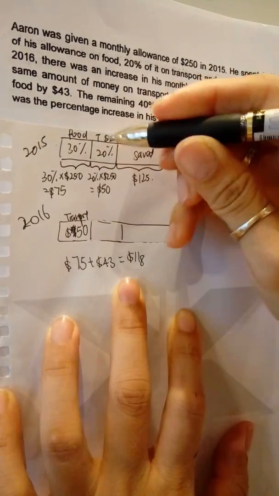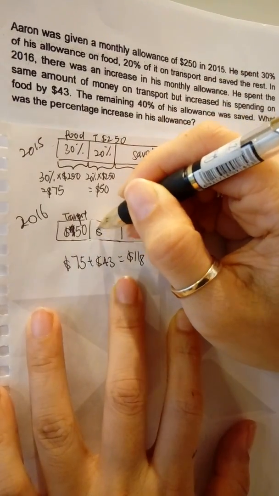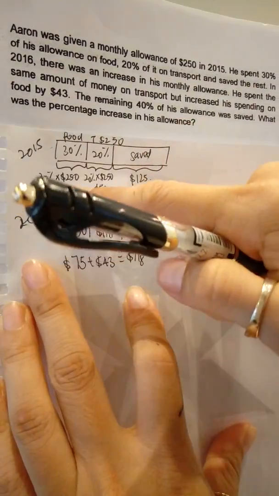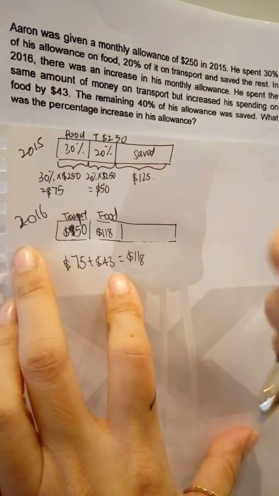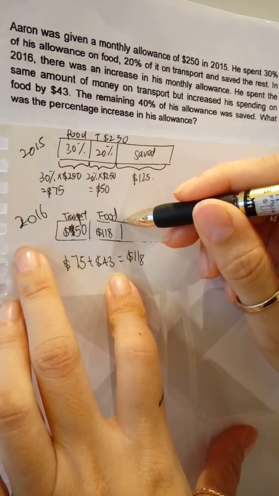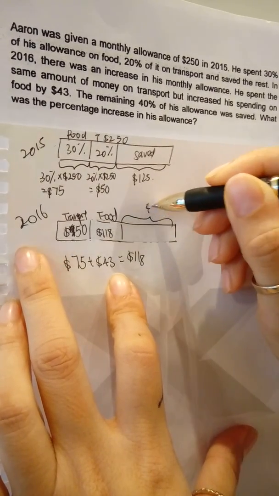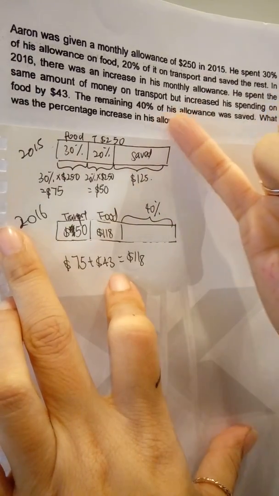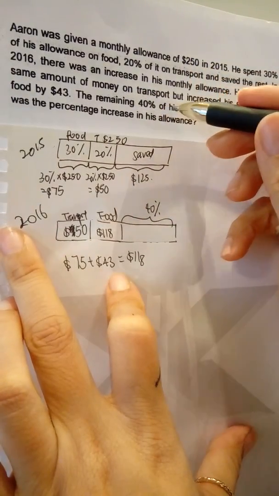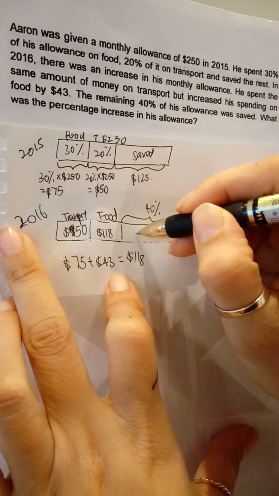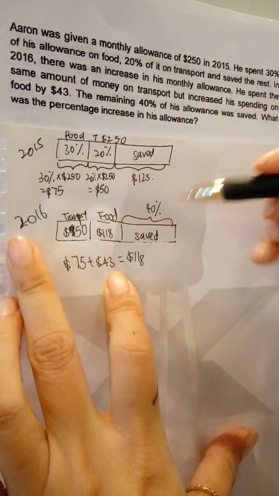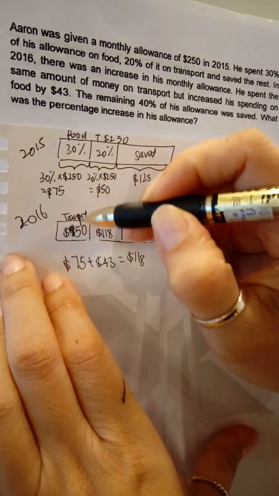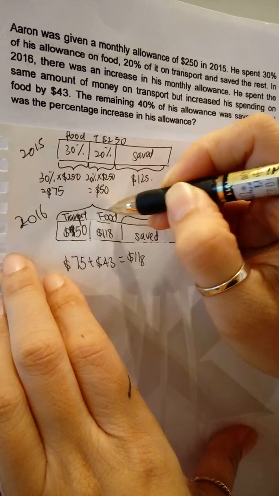That means 118 is on food now. Previously it was 75, but you increased by 43. So I have to do this working. And the remaining 40% of his allowance was saved. So this part was saved. If 40% of allowance was saved, so this must be 60%. Am I correct?